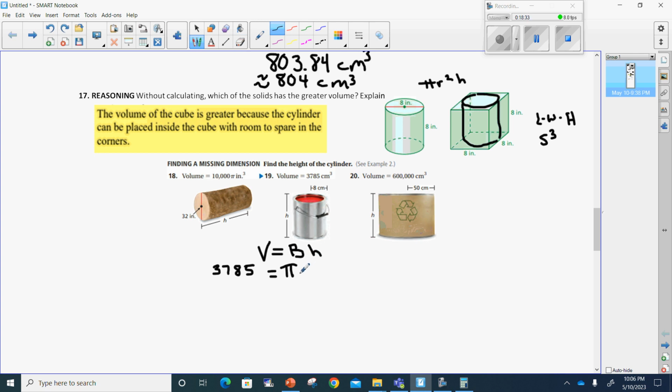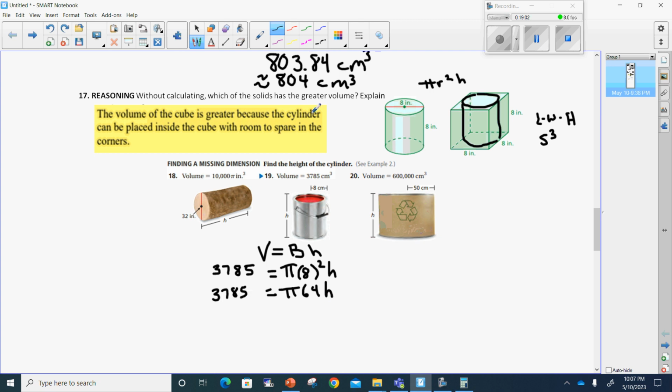So since it was pi r squared, it would be 8, right, squared. And the height is h. We don't know what that is yet. All right, I know that 8 squared is 64. We bring everything else down.